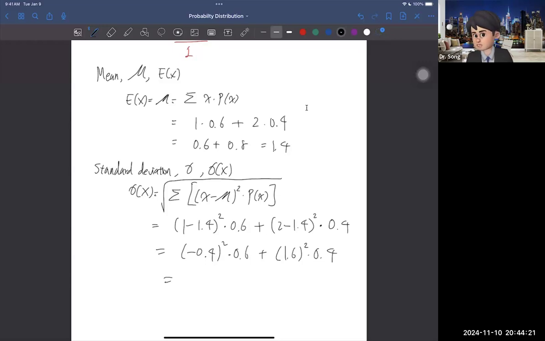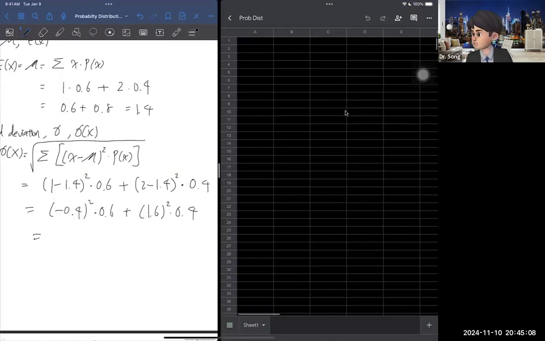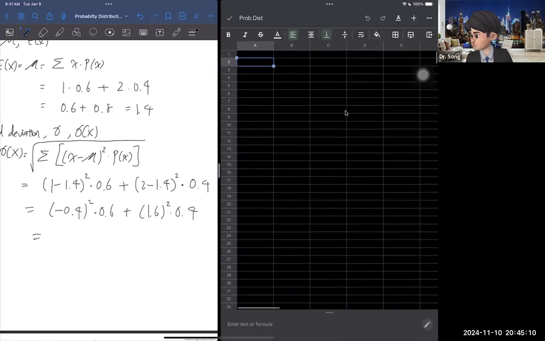Just make sure you calculate this, and you can use a calculator or Excel. So let me show you how to use Excel to calculate this. Okay, so you see that here I pop up the Excel.